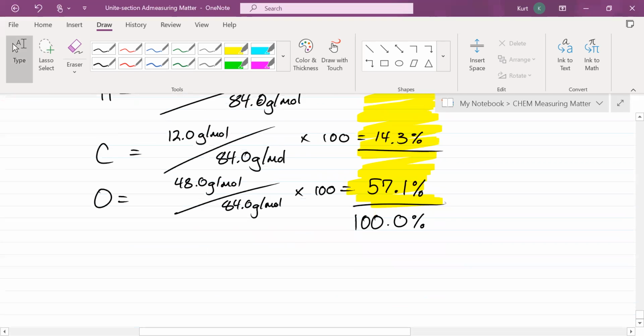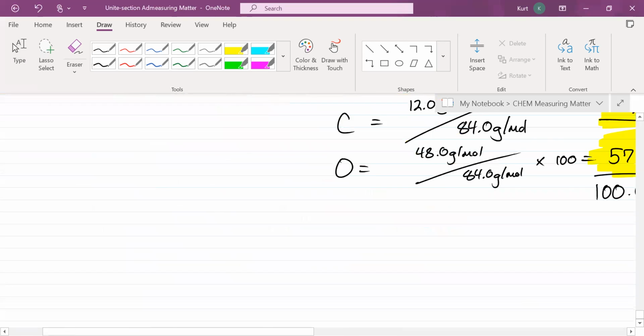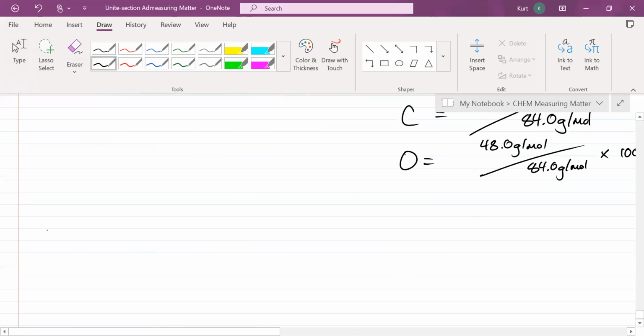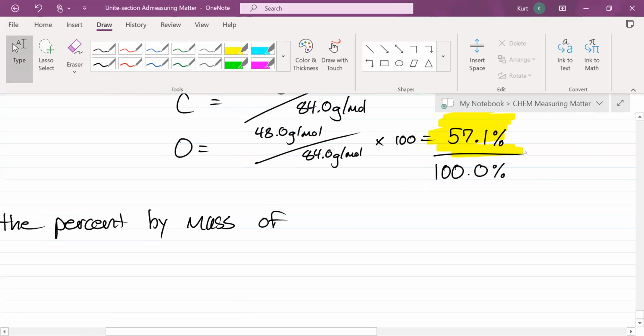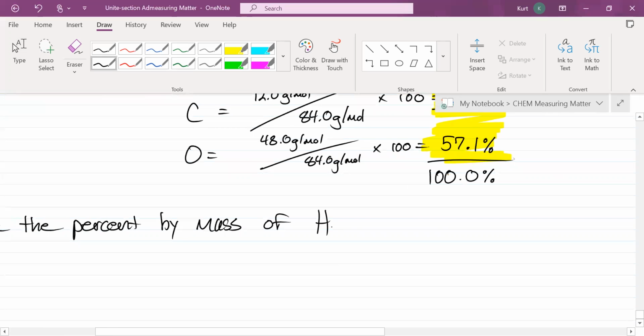And now, for an actual problem for you guys to do on your own, I'm going to kick the birds out of the nest. You're going to fly or fall. Determine the percent by mass of, let's do phosphoric acid, H3PO4.